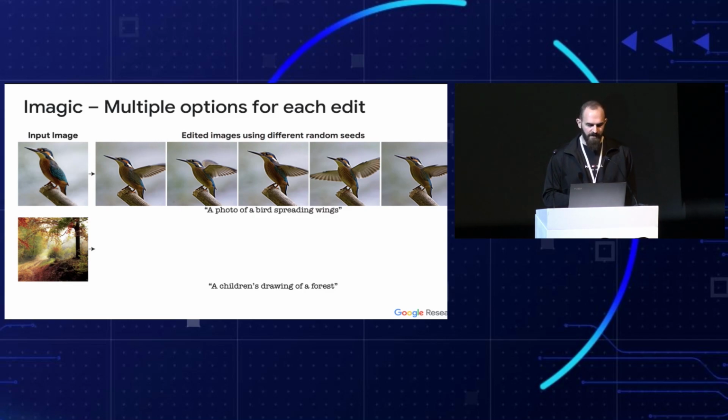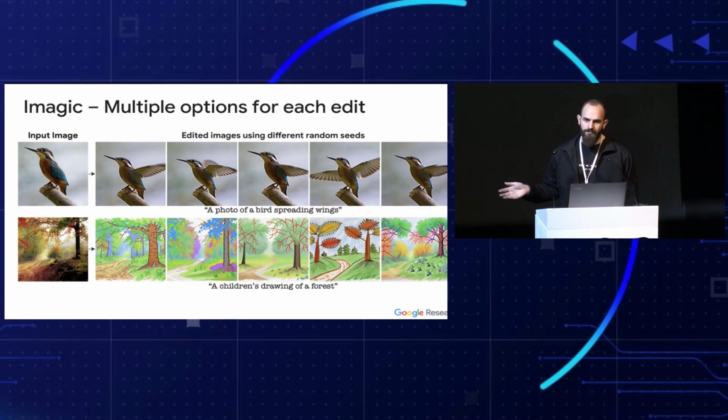Same goes for this forest photo, where if we ask children to draw the forest, each child will, of course, do it differently. That's why we have art projects. So the diffusion model is also good at this variability in the results. Now, I mentioned before that we just linearly interpolate between two text embeddings.